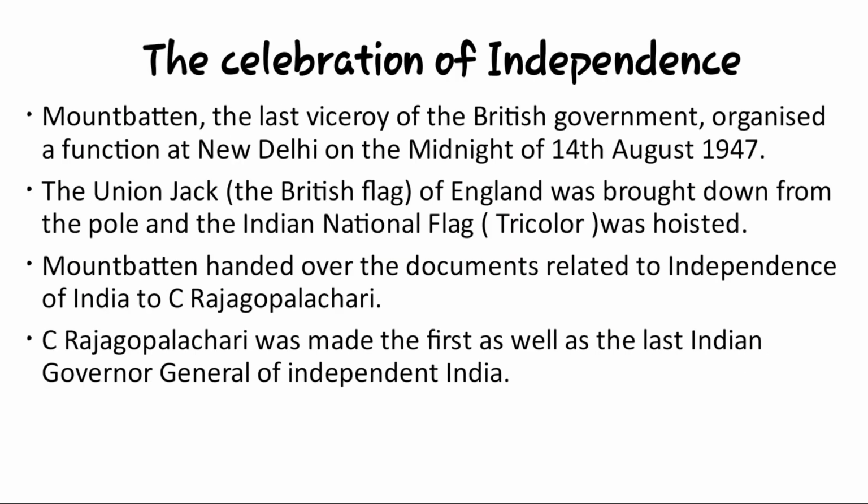The celebration of independence. Mountbatten, who was made the last Viceroy of British India, organized a function at New Delhi in the midnight of 14th August 1947. You should remember one thing: Lord Mountbatten had become the last Viceroy of British India and the first Governor General of independent India.